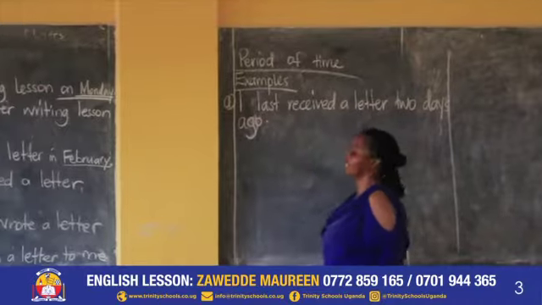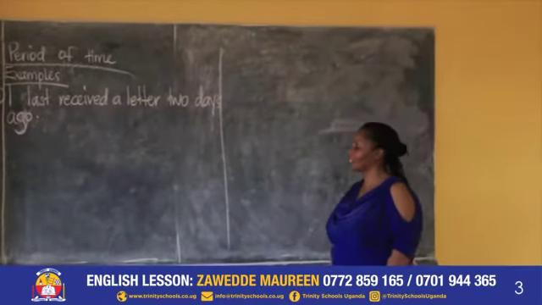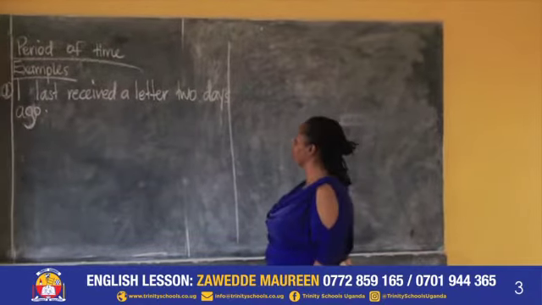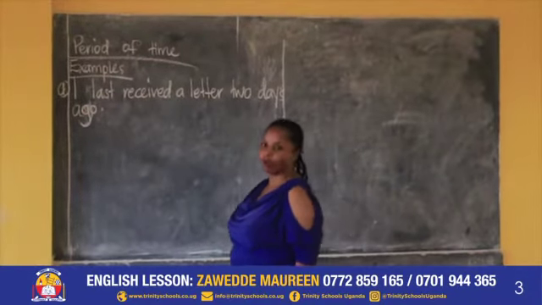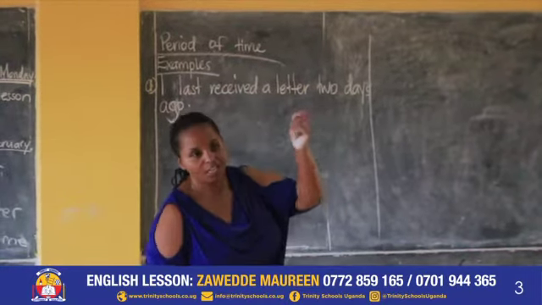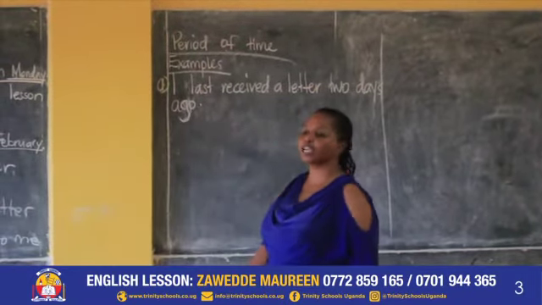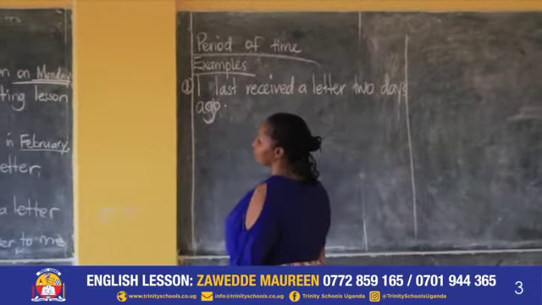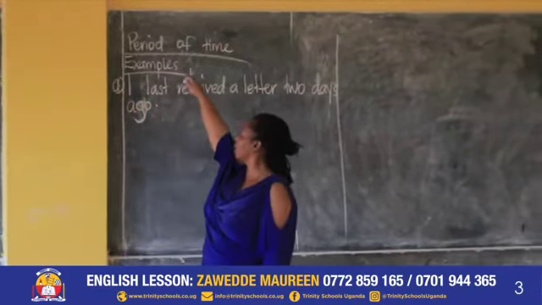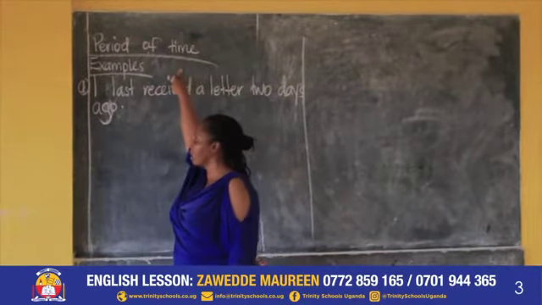2 days is a period of time. I last received a letter 2 days ago. And the setter says, rewrite using since. At first we said it is used to show point of time. Here it can also express a period of time.